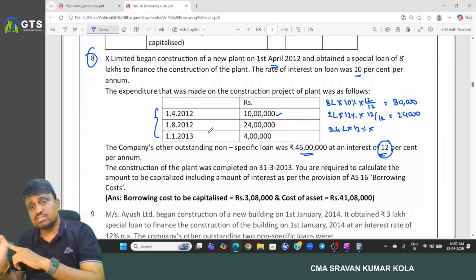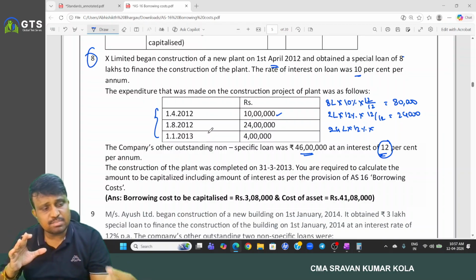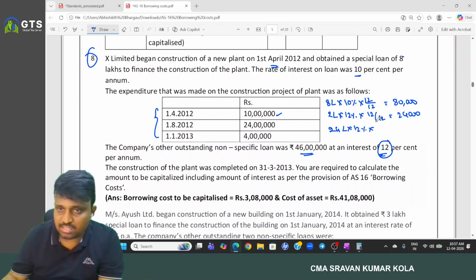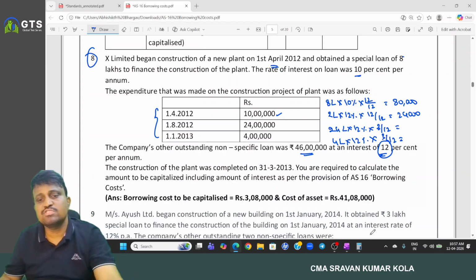Nothing but 24,000, and the remaining 24 lakhs into 12% from 1st August to 31st March. So August, September, October, November, December, Jan, Feb, March, 8 months are there, so 8 by 12. And 4 lakhs into 12% from 1st January means 3 by 12.